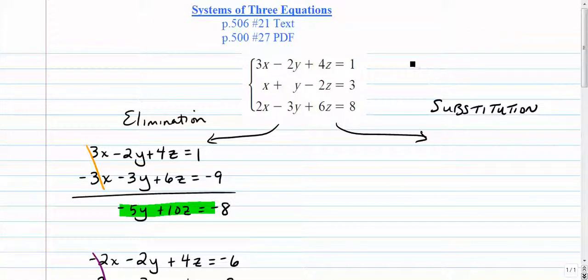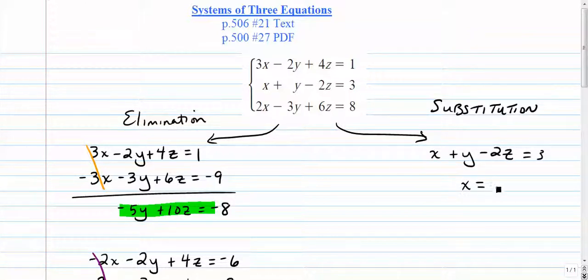We can use substitution when we're talking about three equations when we notice that our coefficients are nice and neat. The coefficients in this equation are nice and neat. There's a positive one here and a positive one here. So what you can do if you want is solve the middle one. Let me rewrite it first.